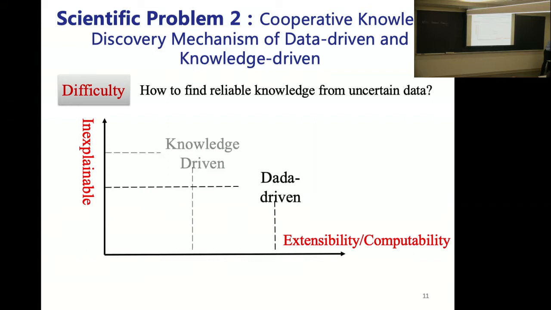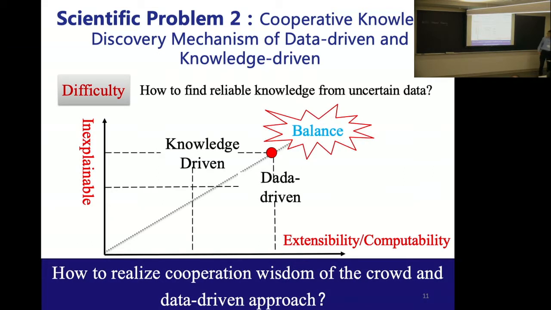For this one, we learned from social science that for the data-driven approach, we always have a big scale. Computers can process high-dimensional data at billion-scale levels. But the explainability is very low.